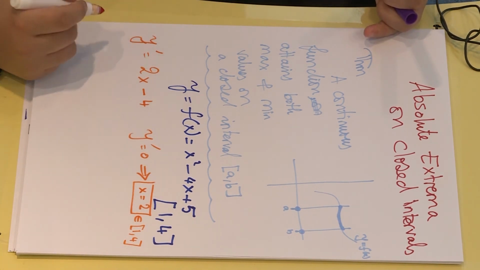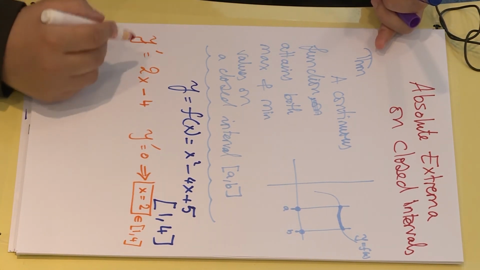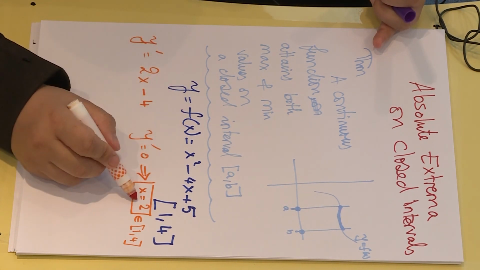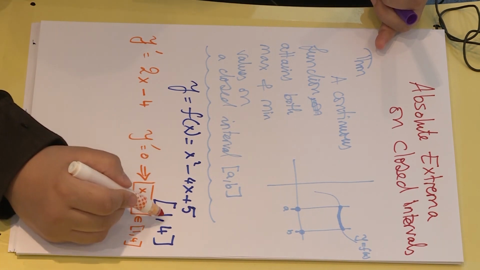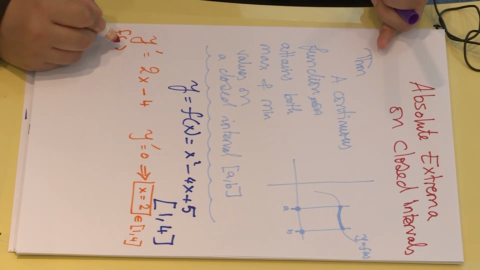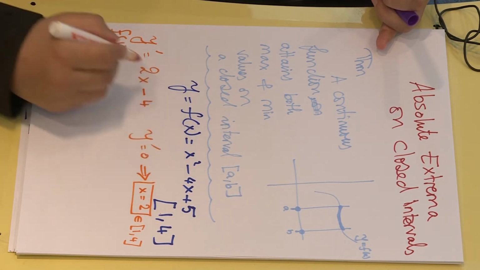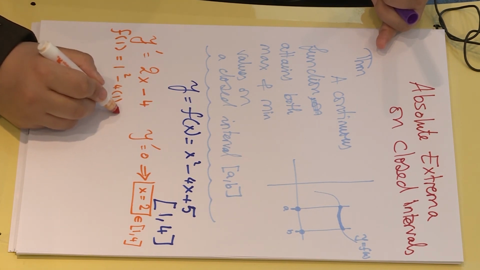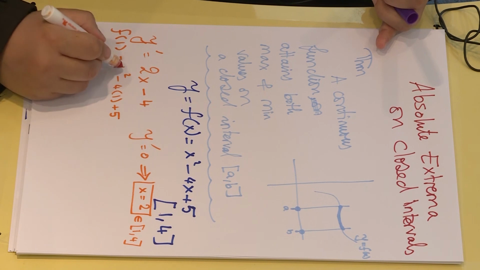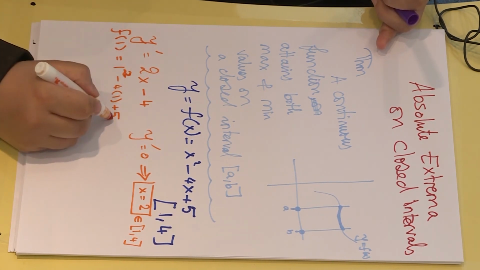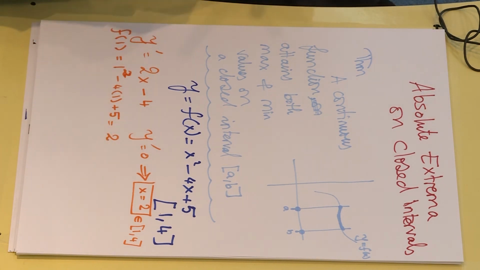So the second step we will do after having x equal to 2, we will evaluate f of 2 and f of 1 and f of 4. So we will find the value of the function f at 1. So I have 1 squared minus 4 times 1 plus 5. 1 squared is 1, plus 5 is 6, 6 minus 4 is 2.